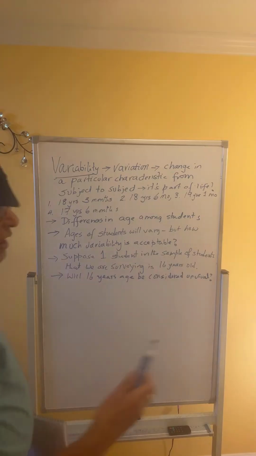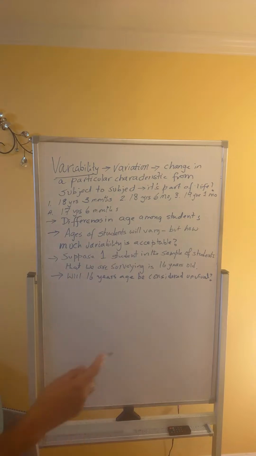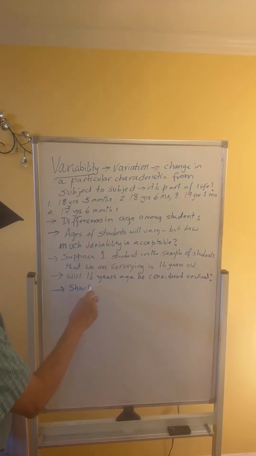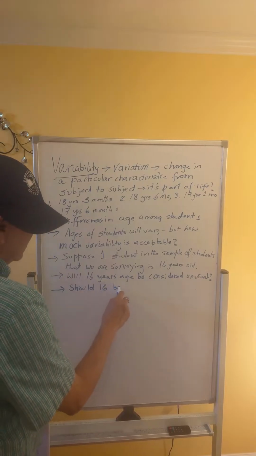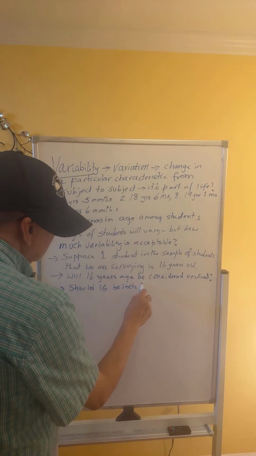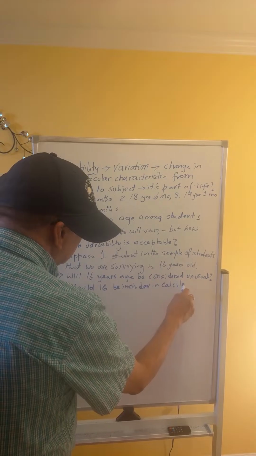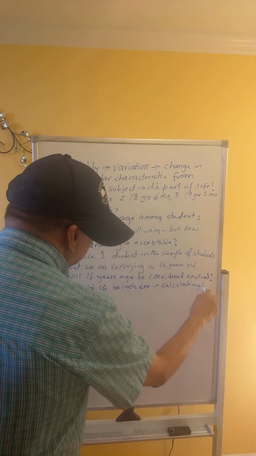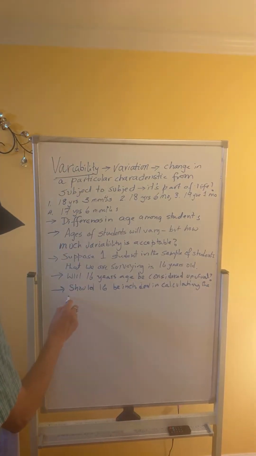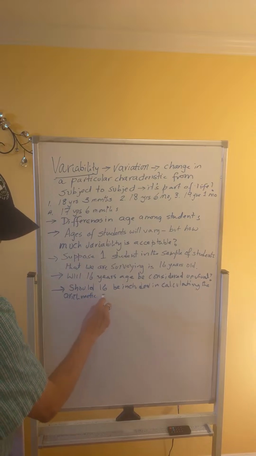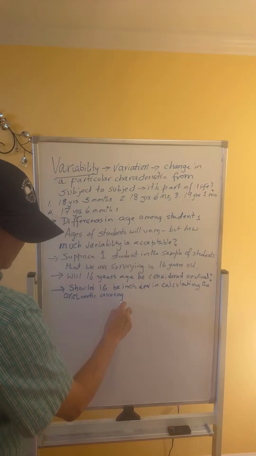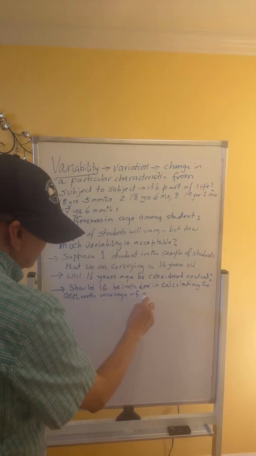So suppose we want to calculate, of course our goal is to find the average age of this sample of students. Should 16 be included in calculating the arithmetic average age of students in the sample?